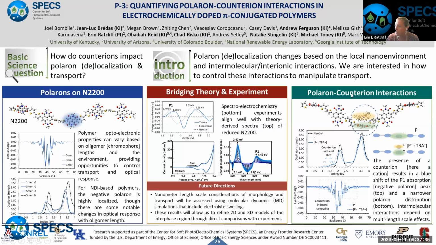One key result from his calculations is that the polaron changes in extent, in how it extends across that NDI unit, when there's a cation nearby. And there's a comparison with the spectroelectrochemistry, and I believe this is actually a pretty good agreement between the spectroelectrochemistry and the theory.